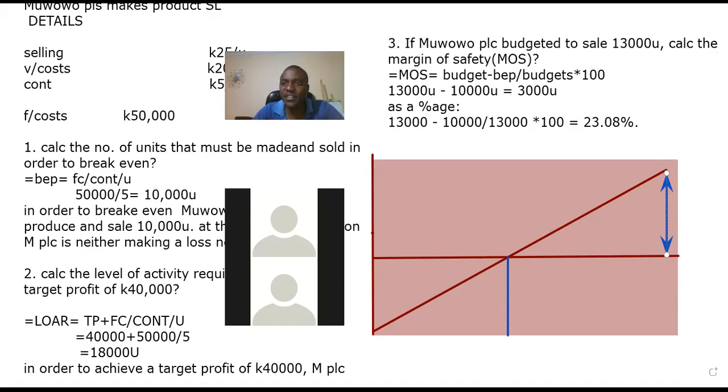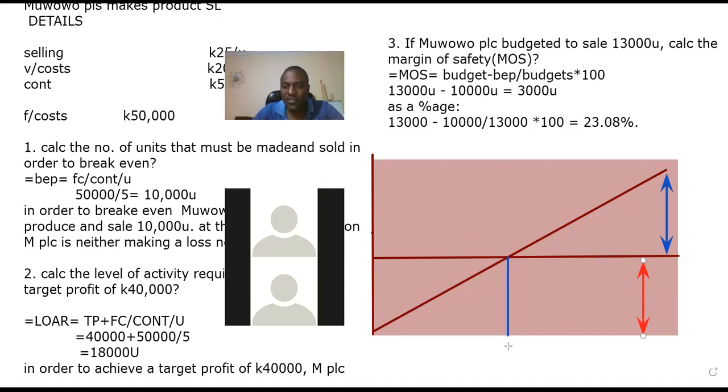And because I'm such a very nice man, let's put danger here. Anything below here is what we call fixed costs. In other words, it means a loss. So when you're operating from this point here, guys, how does the MOS work?